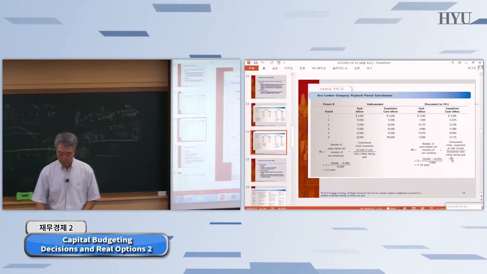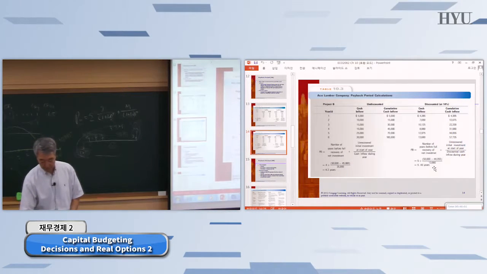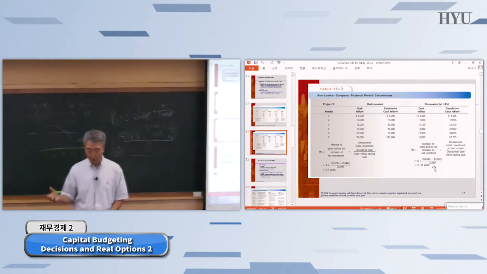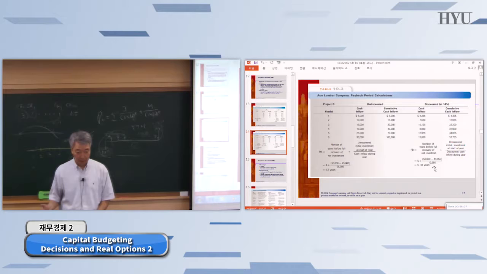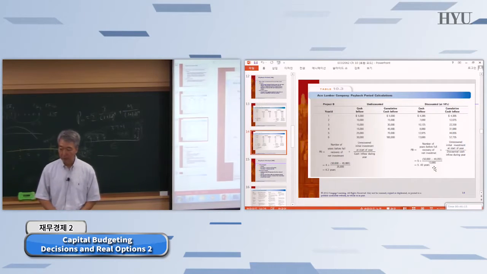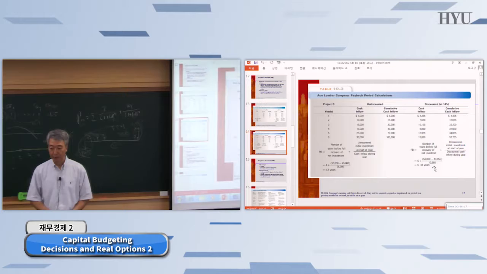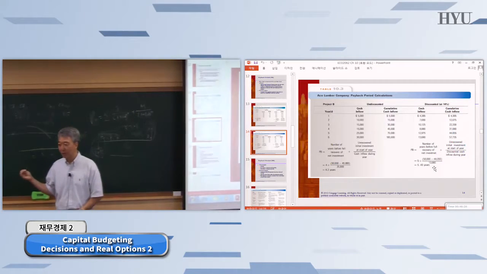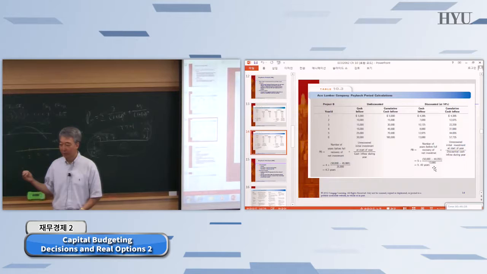So this project takes 5.43 years, but the other project, which lasts 10 years, takes, let's say, 6 years to recover the 50,000. Then are you going to choose this project because it takes shorter, 5.43 years to recover 50,000, and ignore all the rest, then 7, 8, 9, 10th years cash flow?